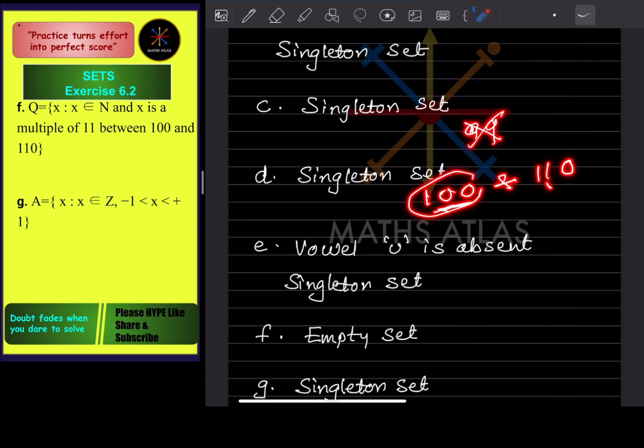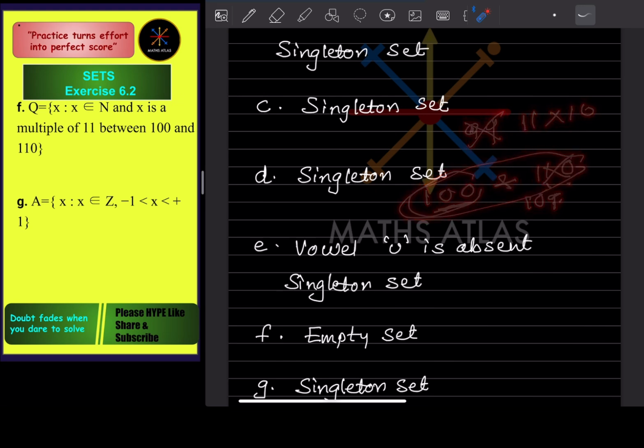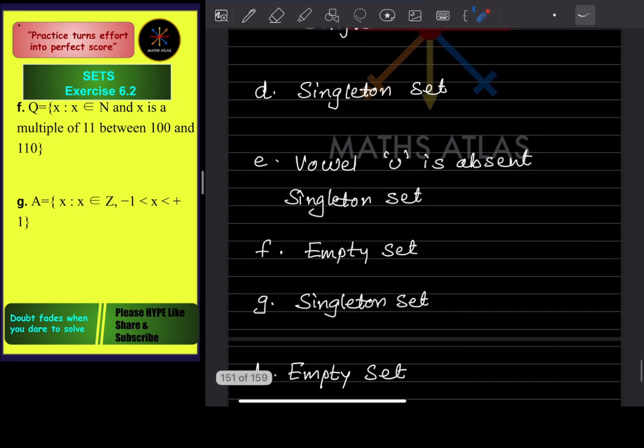If we take 11 tens are 110, this also is not considered. The last number should be 109. So there is no multiple of 11 in between these two numbers, so we can call that the empty set.